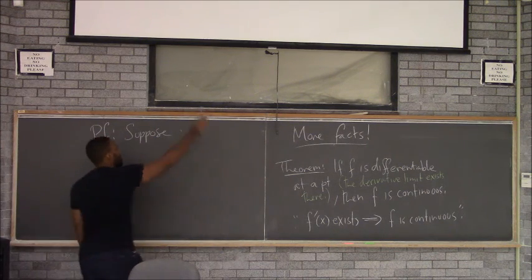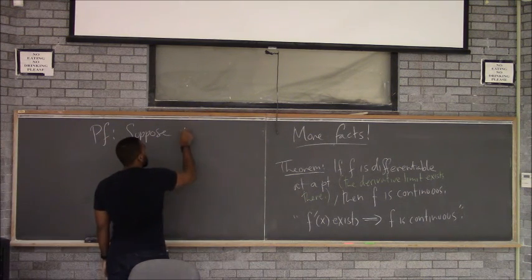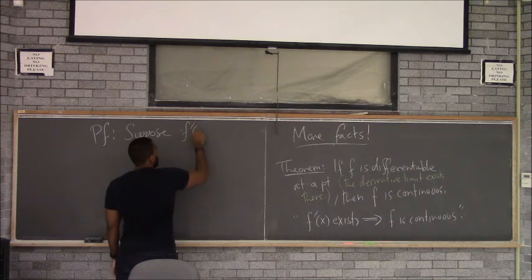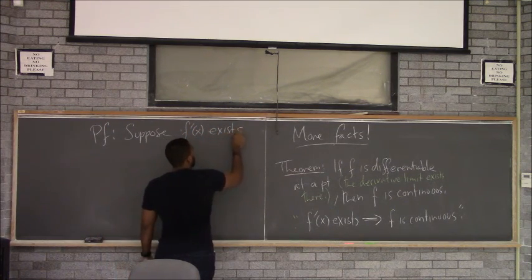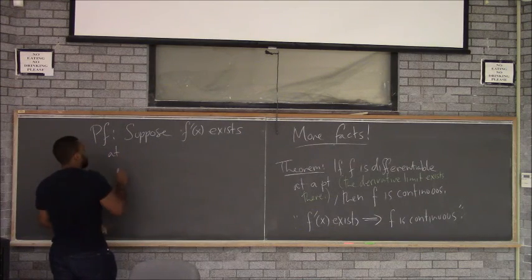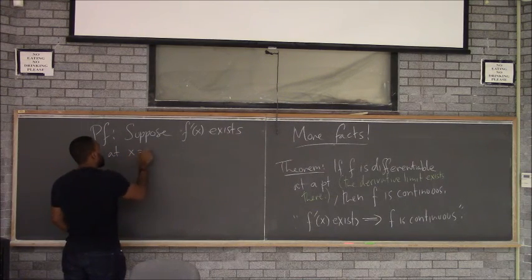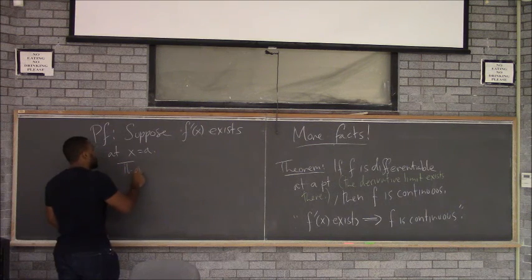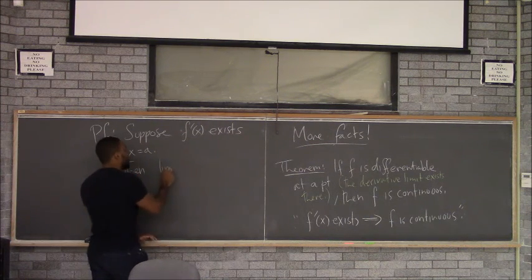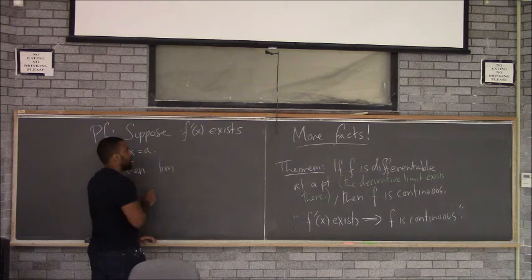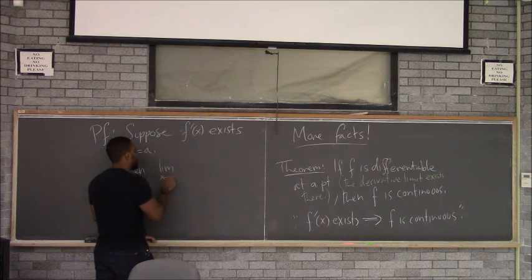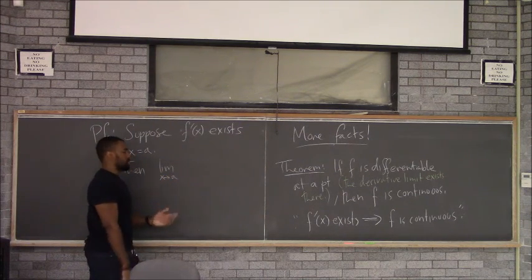Suppose f prime of x exists at x equals 8, then that means the limit as... I want to use another version of the derivative limit just because it's easier with the notation here.